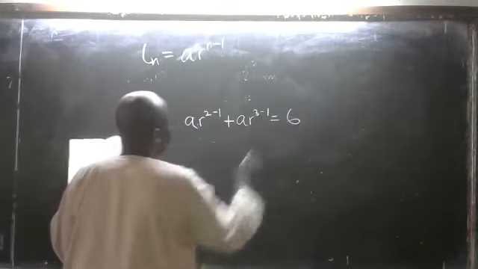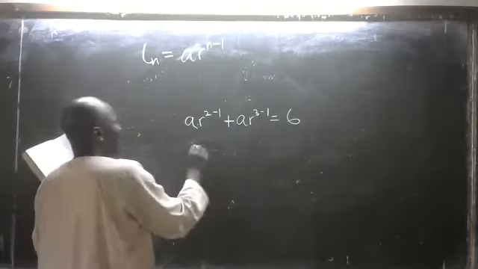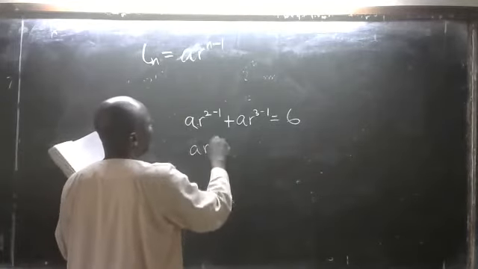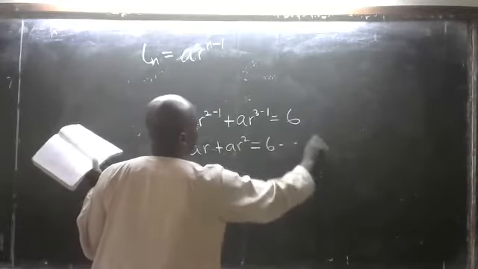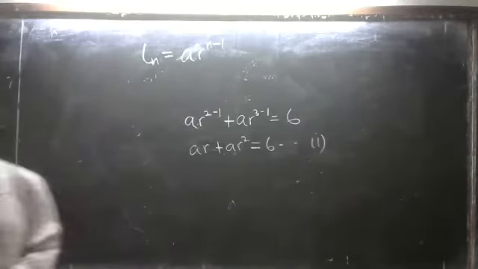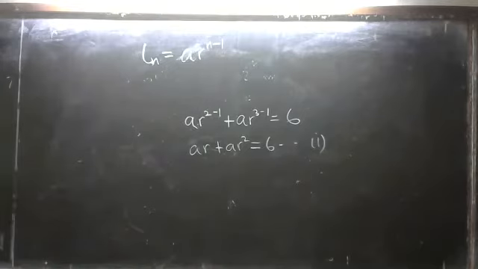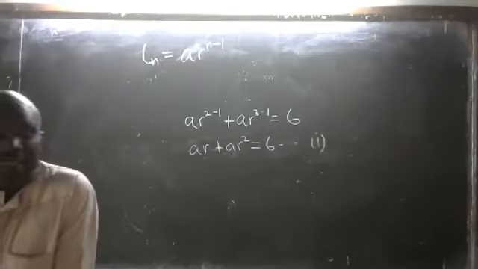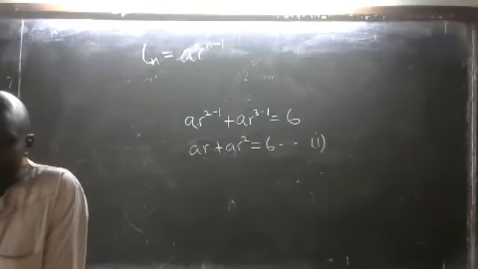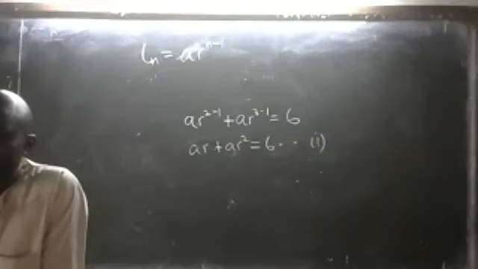And then this one is equal to 6, which means AR plus AR squared is equal to 6. They have not given us A, they have not given us R, so we shall leave A as A and R as R. Is that okay, ladies and gentlemen?